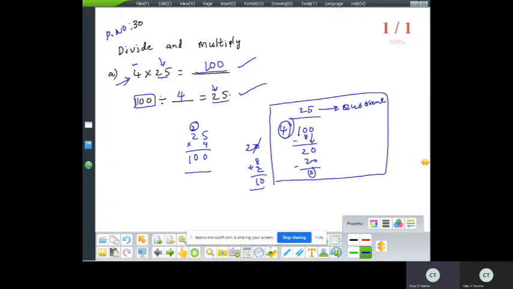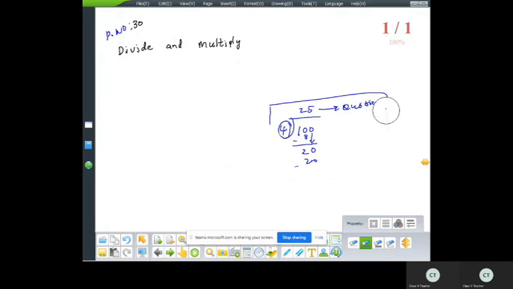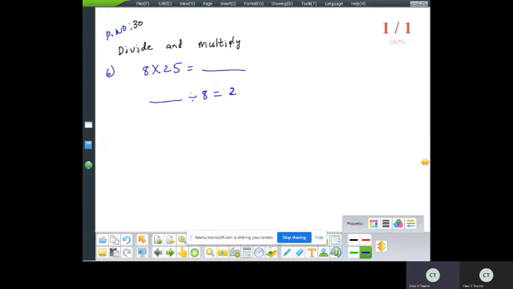Now B1. 8 into 25 equals dash, and dash divided by 8 equals 25.